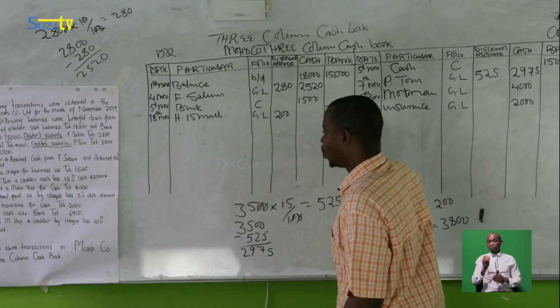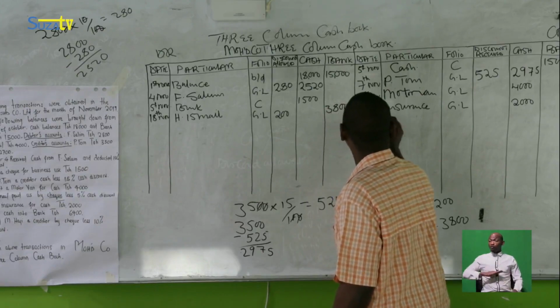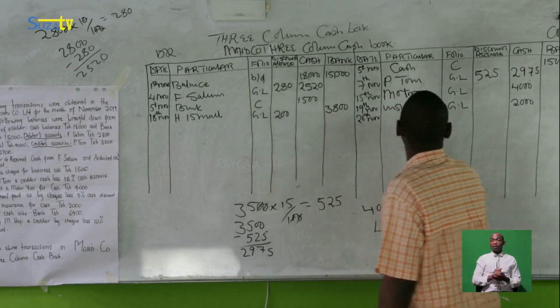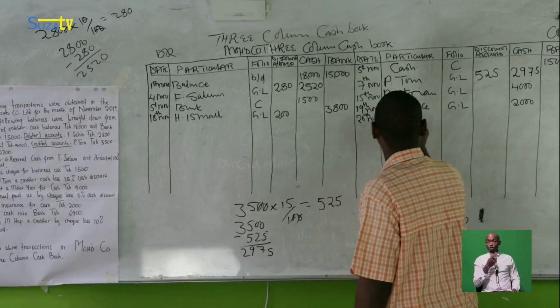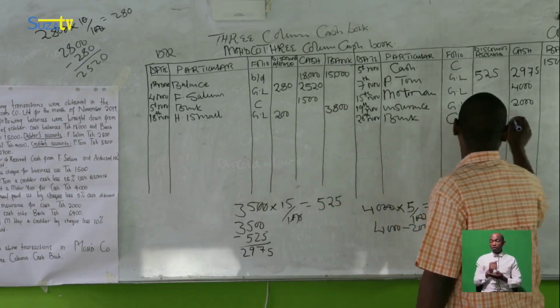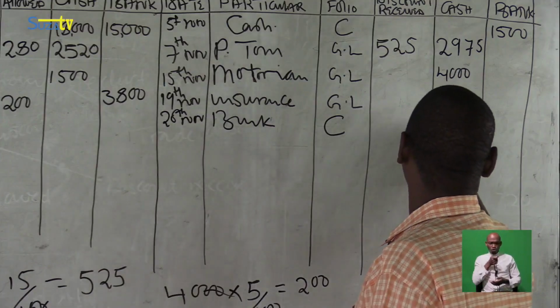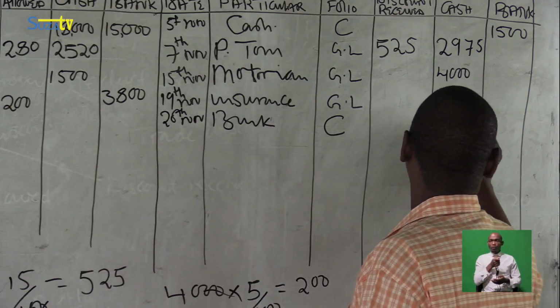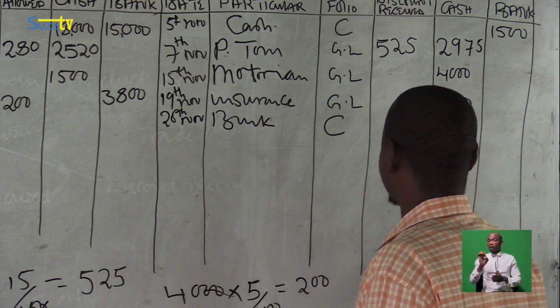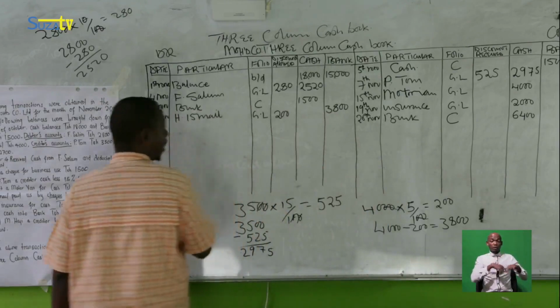20th November, the owner drew money from the cash and put it in the bank, a contra entry. How much was drawn? 60,400, and this money was deposited to the bank account.